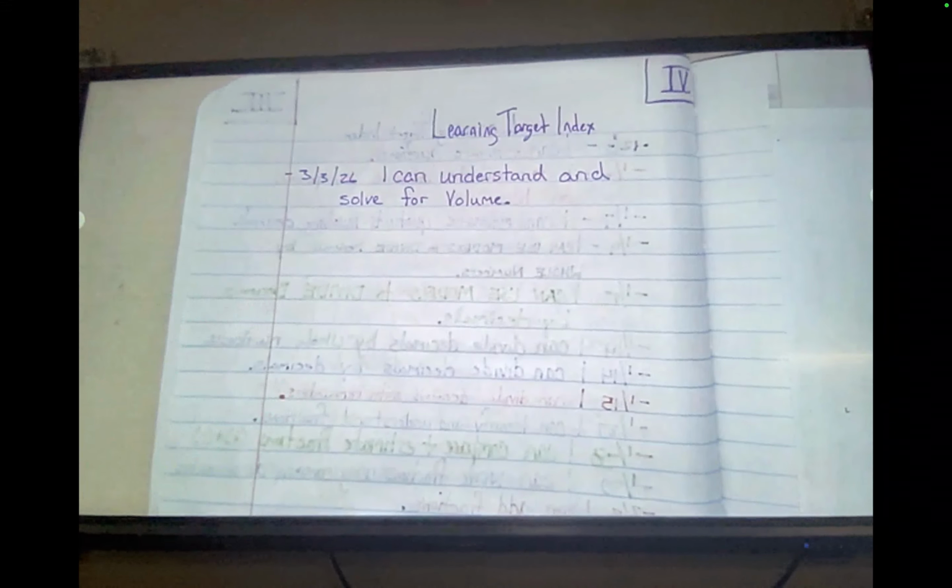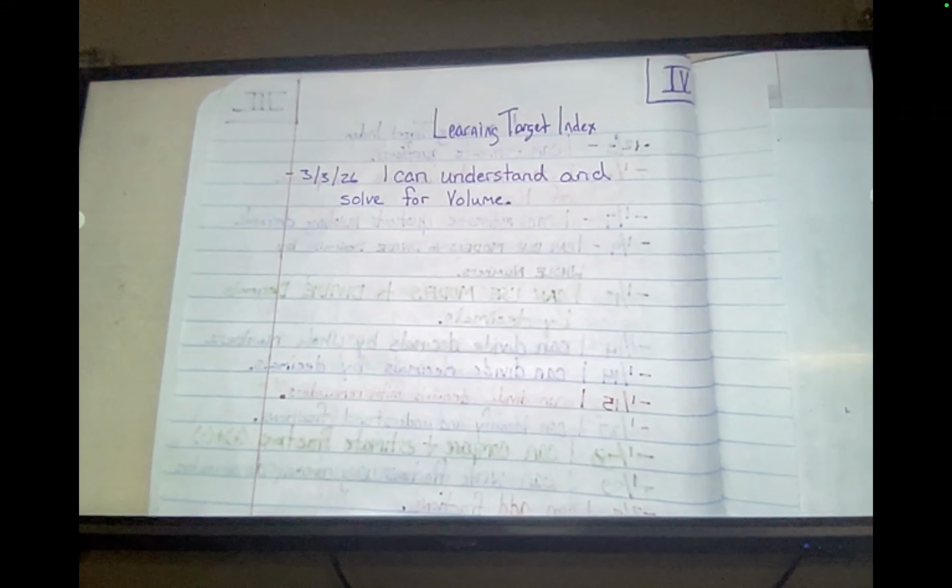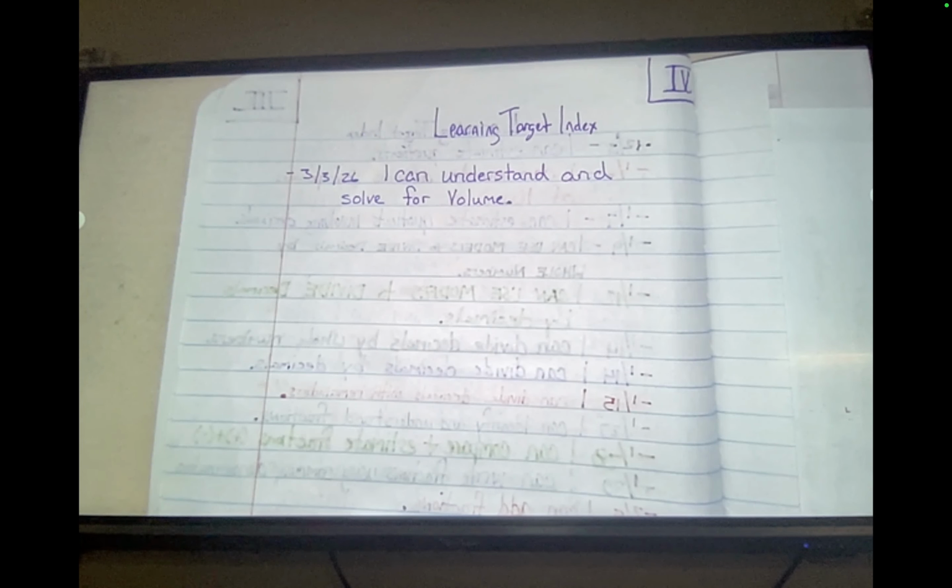I can understand and solve for volume. Once you have that done, go to your next clean sheet of paper or clean sheet in your notebook.